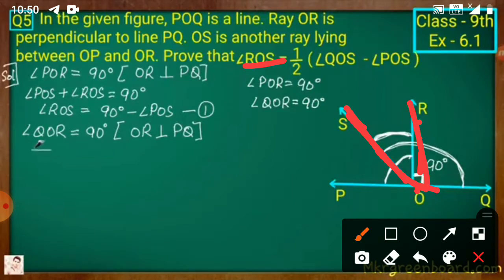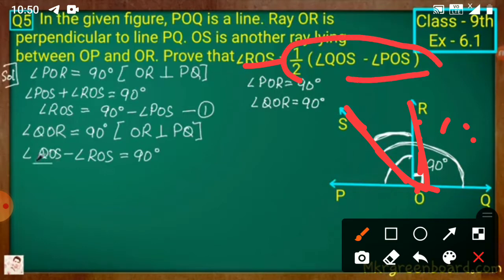So that time what will we get? This 90 degrees only we will get. That's why we need to write angle QOS minus angle ROS equals 90 degrees. Why write this? We need to solve the RHS, that purpose only. Already we got LHS, now we need to solve the RHS.